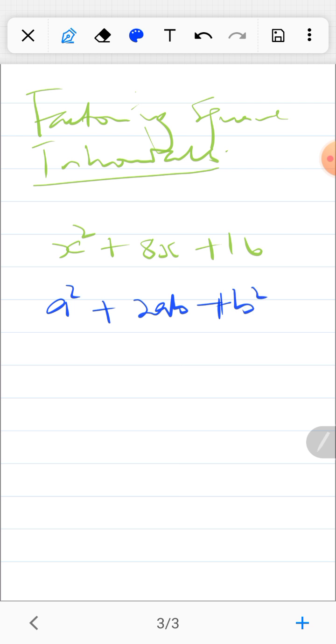So according to this, you can see clearly that the first term is squared, and the last term can also be expressed as a square of something, because 16 is the square of 4. Now I want to compress this to look something like a plus b squared.